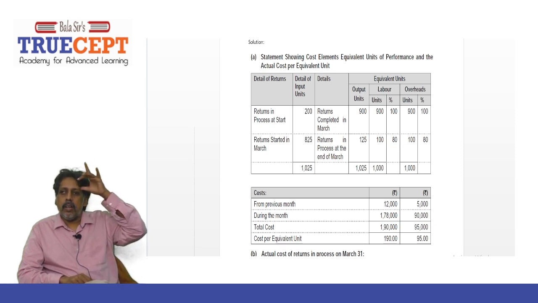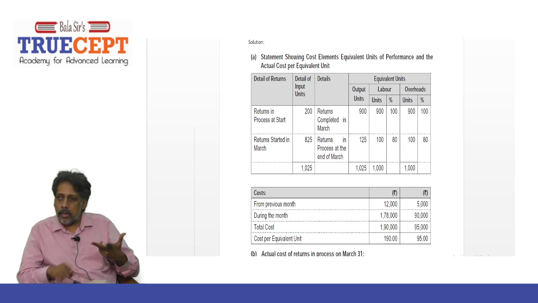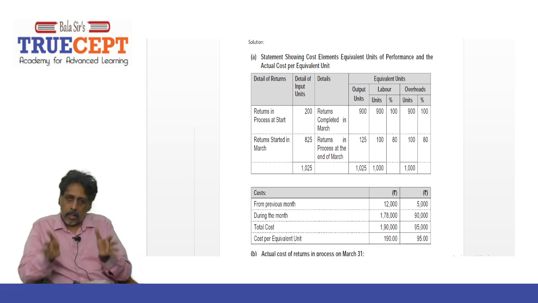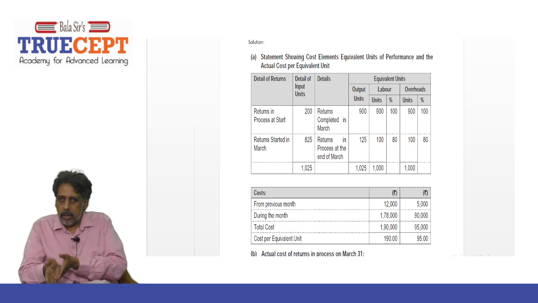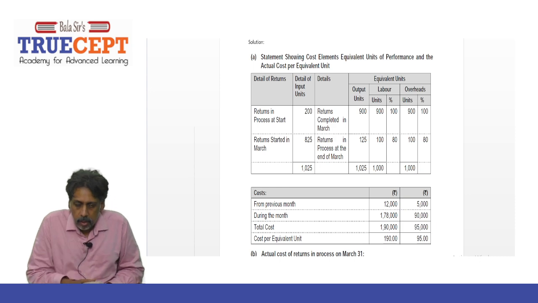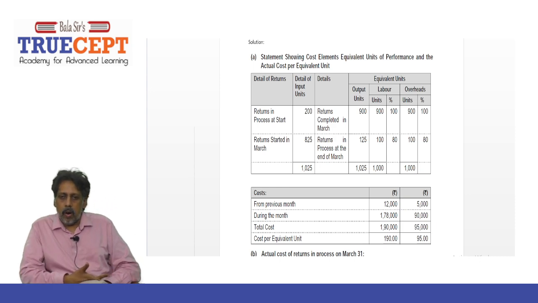Even though the 900 units include 200 from opening work in progress, we do not differentiate. We put all the 900 units completed as 100% complete, because 100% is when the return is completed and filed. Got it? Now let us take on the solution to subdivision A.